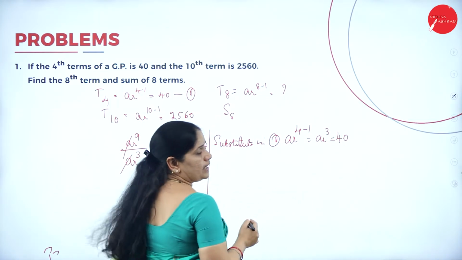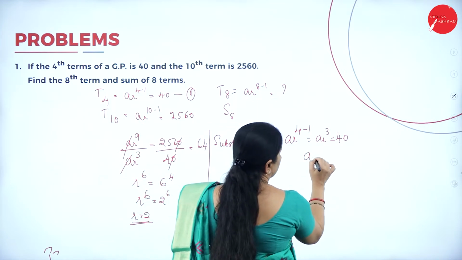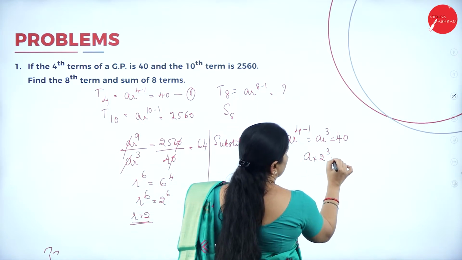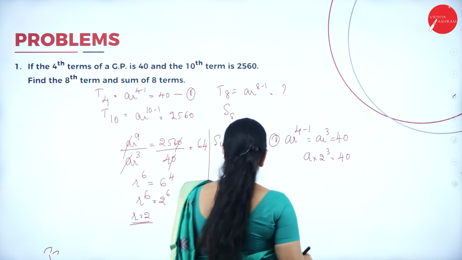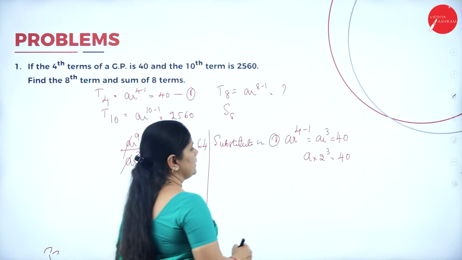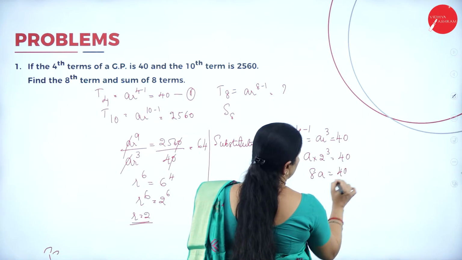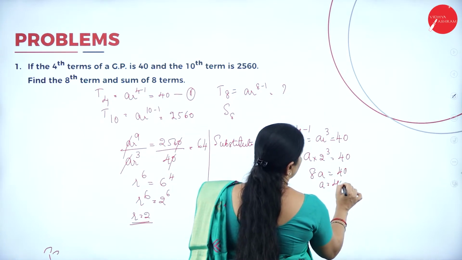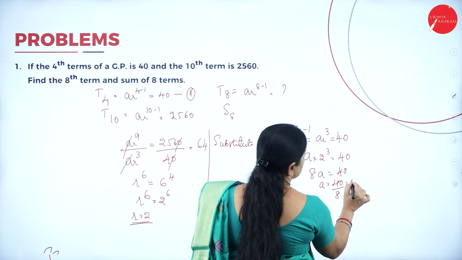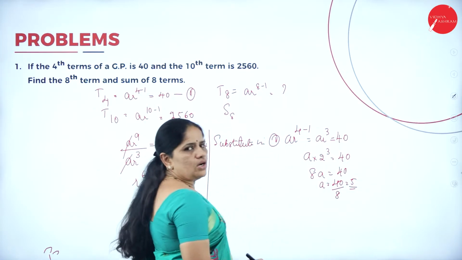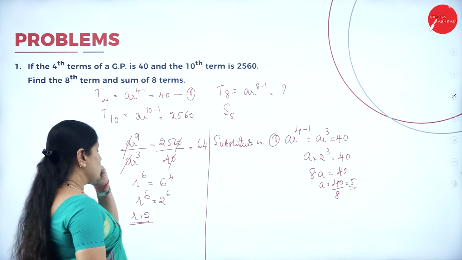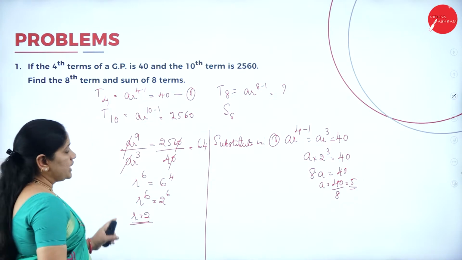So I know r. So a into 2 cube equals 40. So this will be equal to 8a equals 40. a equals 40 by 8, that is equal to 5. So a equals 5. So we know a and we know r.